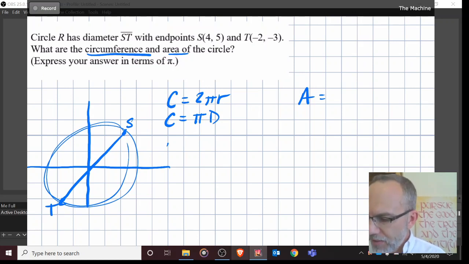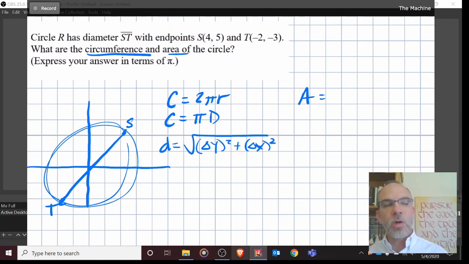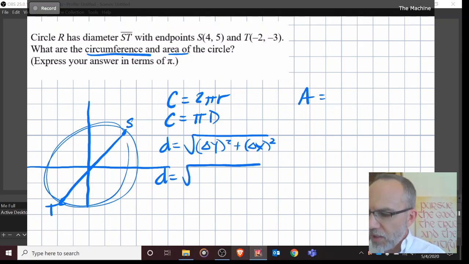All right, so distance is equal to the square root of the change in y squared plus the change in x squared. Notice I switched those, y first and then x. Is that okay? Yes, when you're adding them. So what is this then? What's the change in the y values?